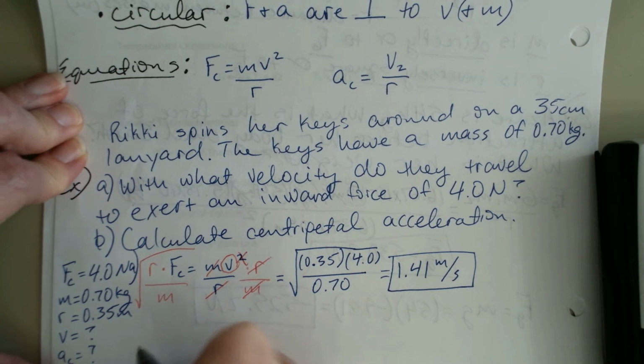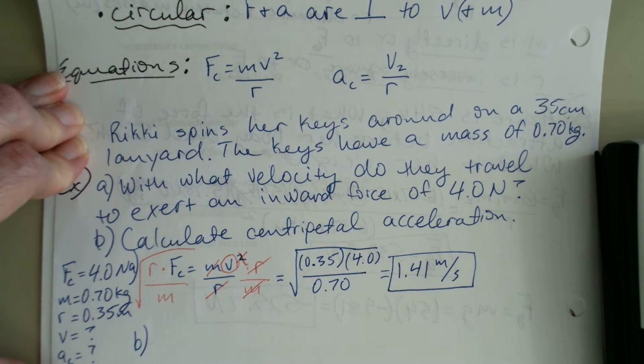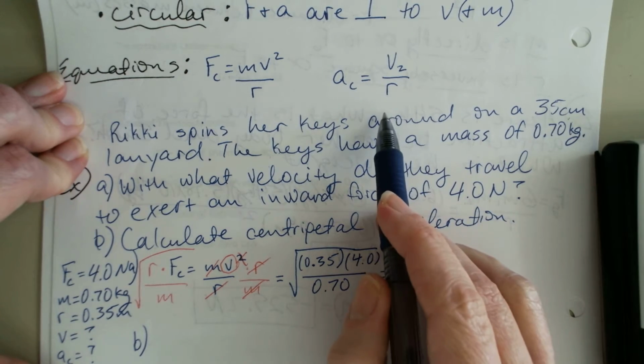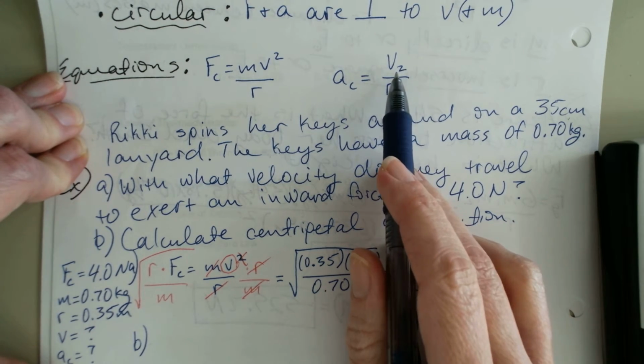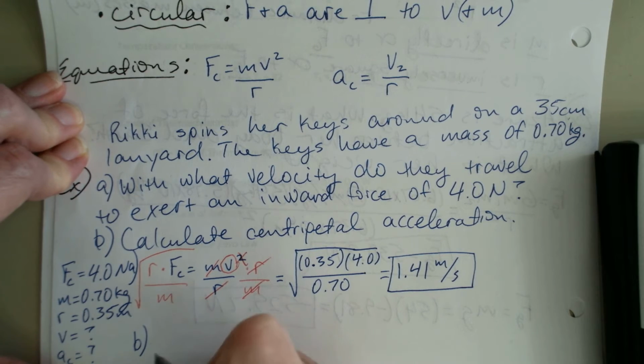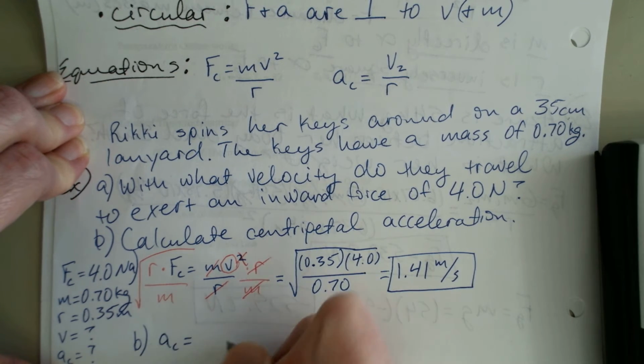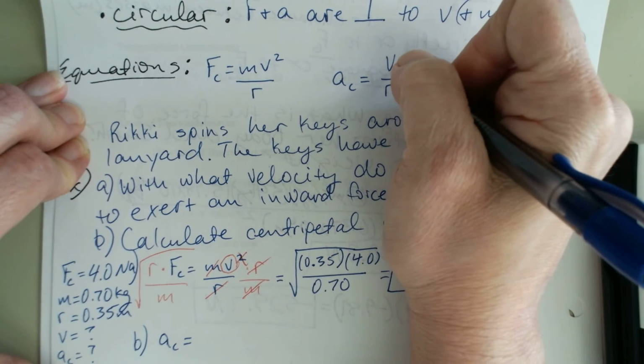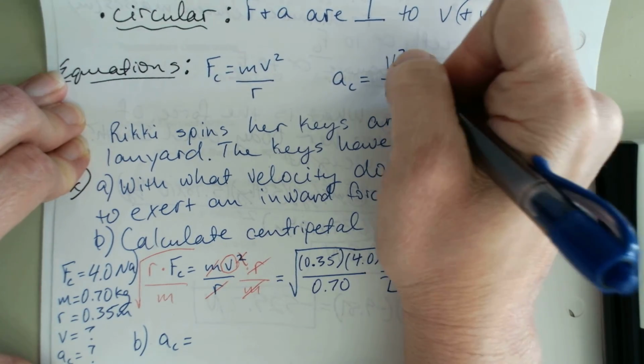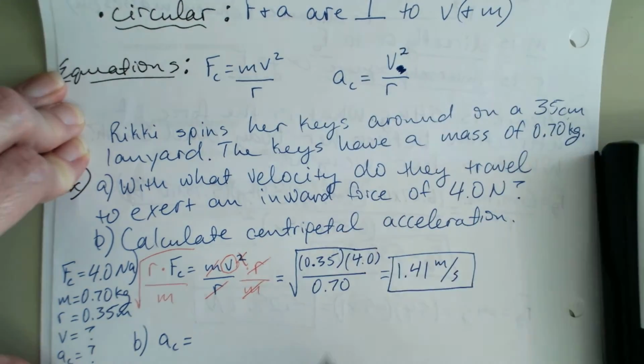And then part B wants me to calculate centripetal acceleration. So my formula for centripetal acceleration, now that I have velocity, is just that. So AC equals, why does that say 2? That should say just, it should be V squared over R. My bad.